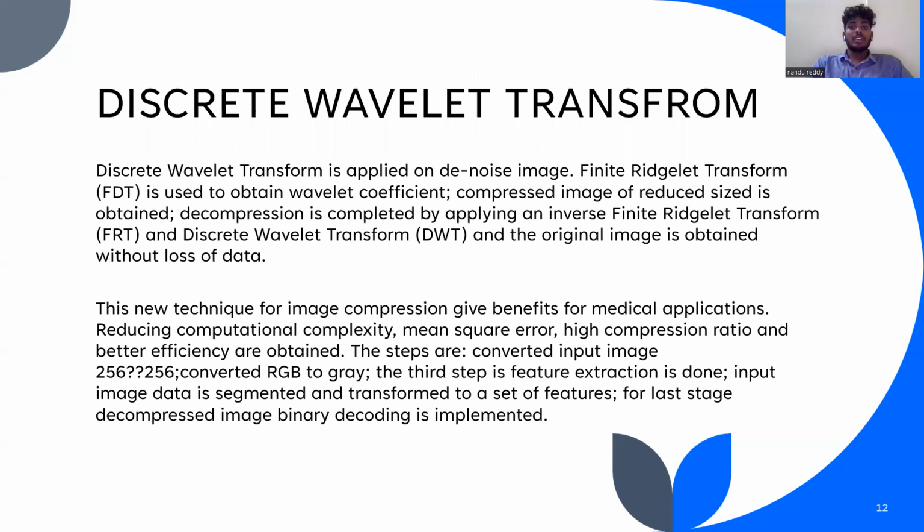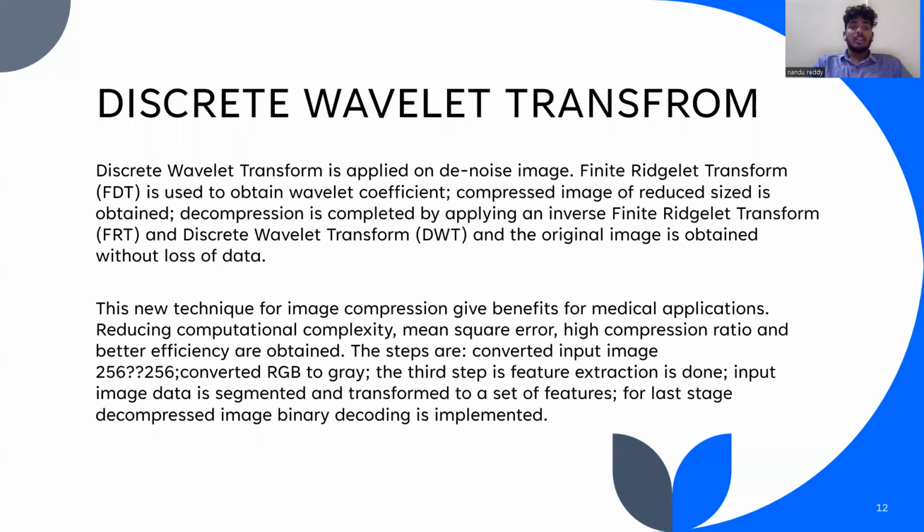Discrete wavelet transform. The discrete wavelet transform is applied on a denoised image. The fast Fourier transform, FFT, is used to obtain wavelet coefficients. A compressed image of reduced size is obtained.